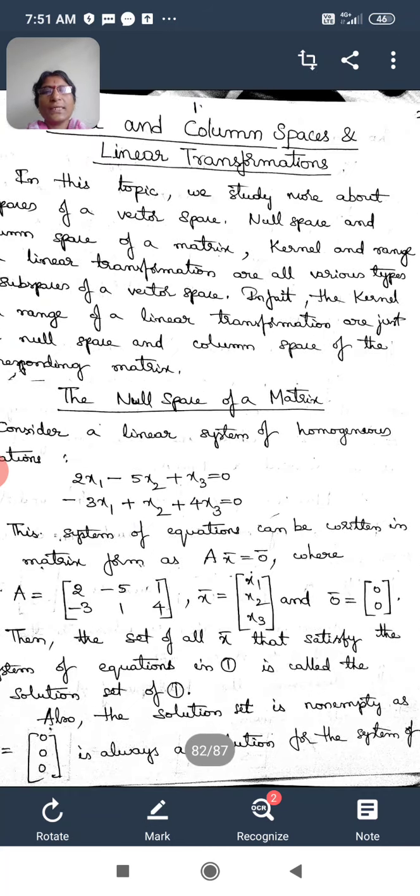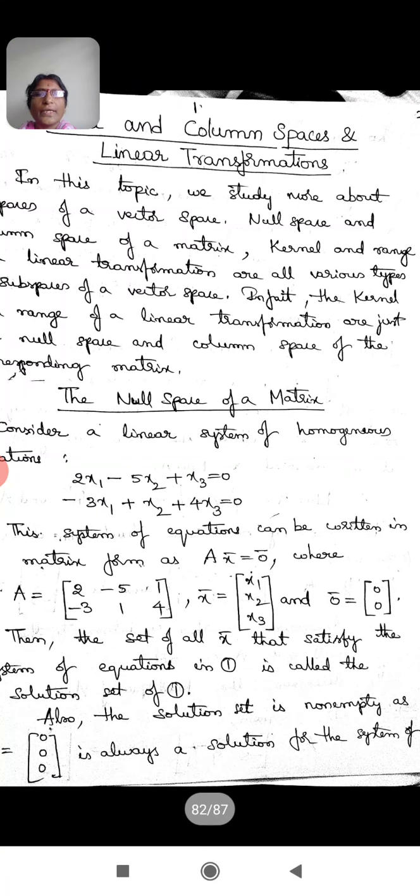Here we can understand that all these matrices A, x bar and 0 bar satisfy the matrix equation Ax bar is equal to 0 bar. A is of order 2 by 3, as there are two rows and three columns. Now to multiply it, x bar should have order 3 by something; it is a column vector of order 3 by 1.